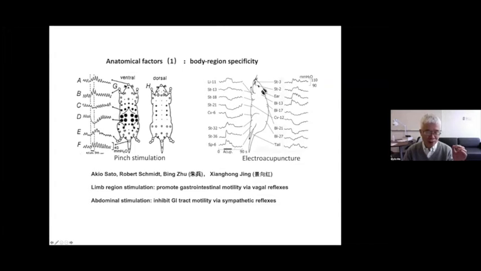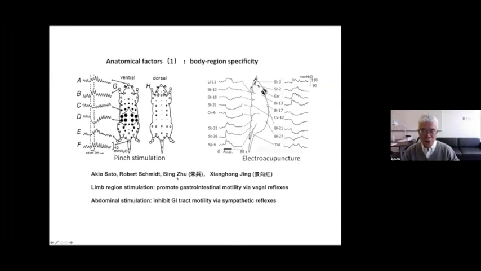You can see the same stimulation, the same input, can produce opposite output in different body regions. The limb region can promote gastric motility, which requires gastric vagal efference, while the abdominal or lower thoracic region will inhibit gastric motility by driving a gastric sympathetic reflex.